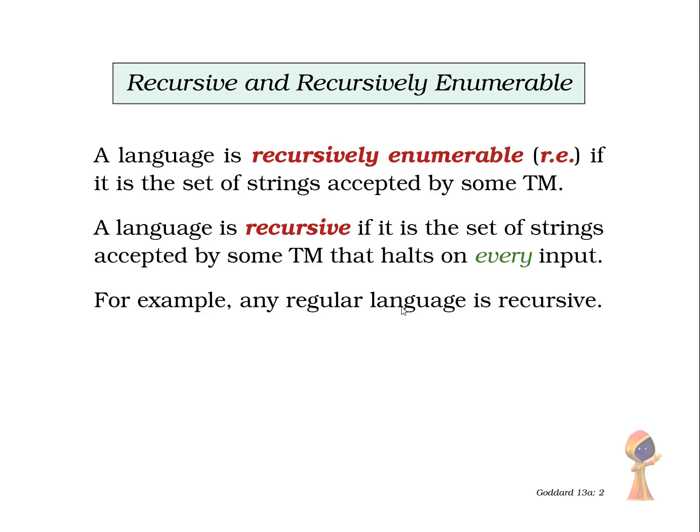So what we're saying is that if there's a string which is acceptable by the Turing machine, it's going to halt. If a string is not accepted by the Turing machine, it will still halt. Only then will that language be considered recursive.